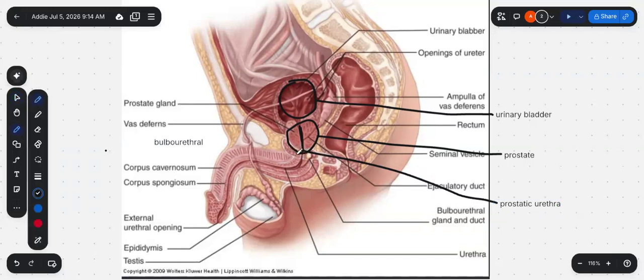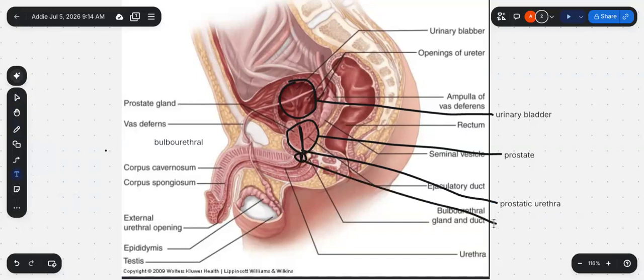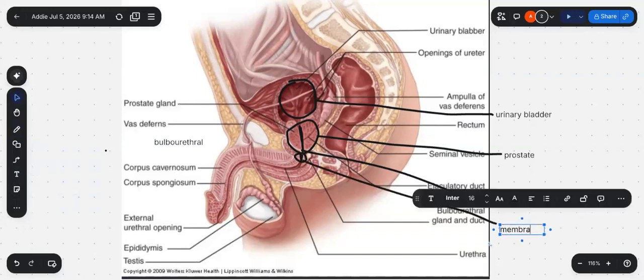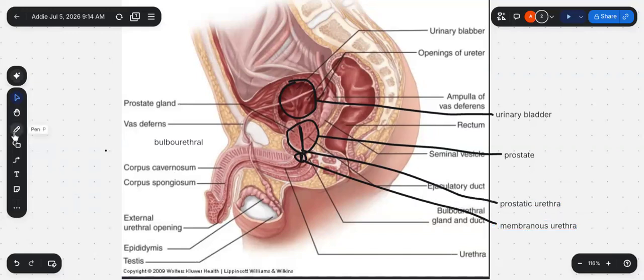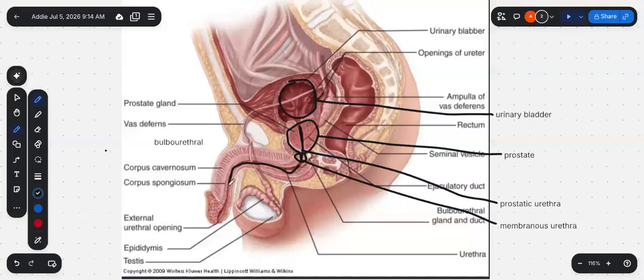It is literally just this portion over here, this tube that goes through that little region. That is known as your membranous urethra. So it is very small. And then right below it, the largest part, wherever there is spongy tissue, so this whole region has spongy tissue, and that is why it is called the spongy urethra.